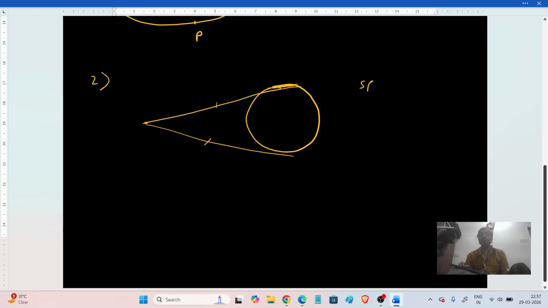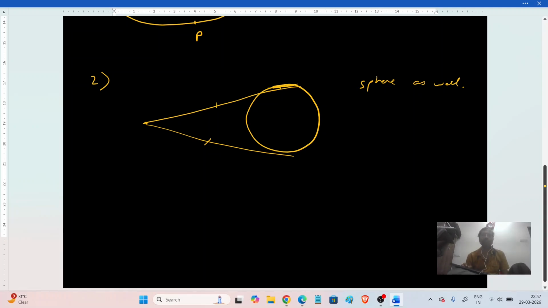If you have a sphere and you draw two tangents from an external point, then these two tangents are also equal. We are not going to discuss the proof of this, but one easy way to understand is as follows.